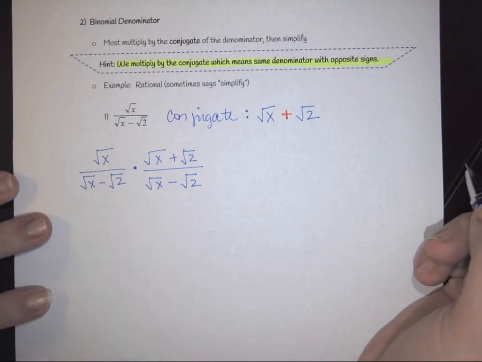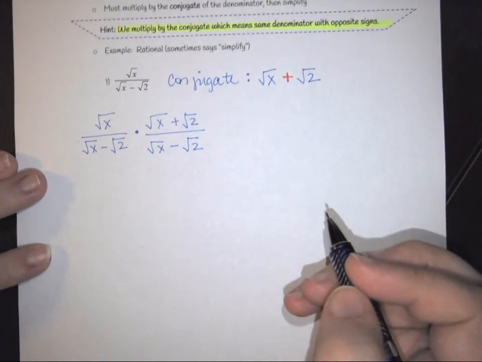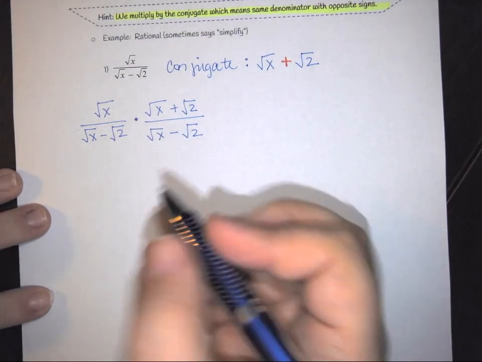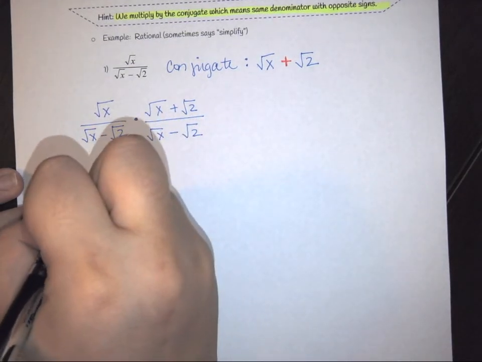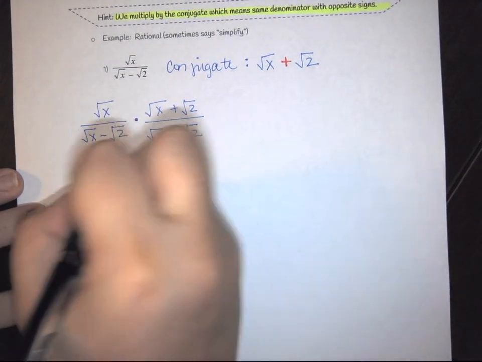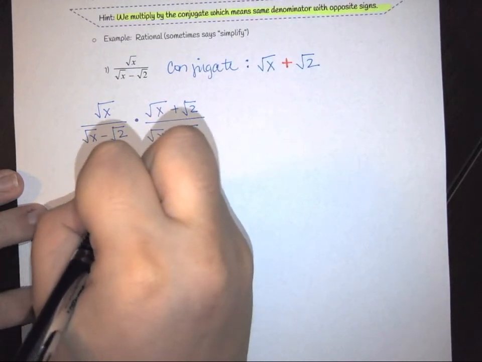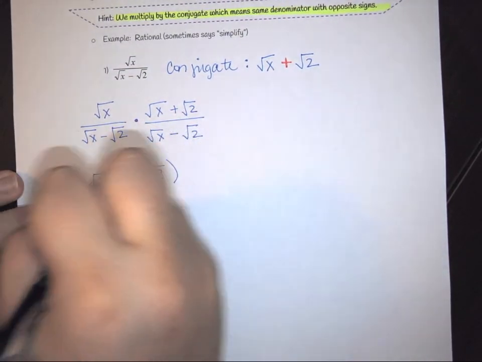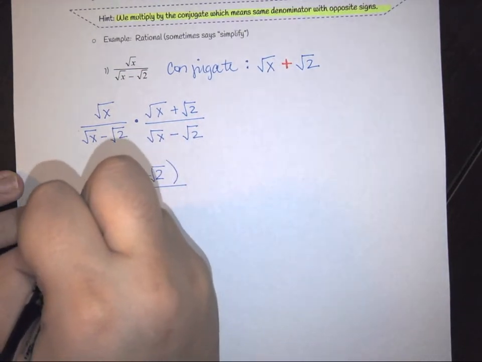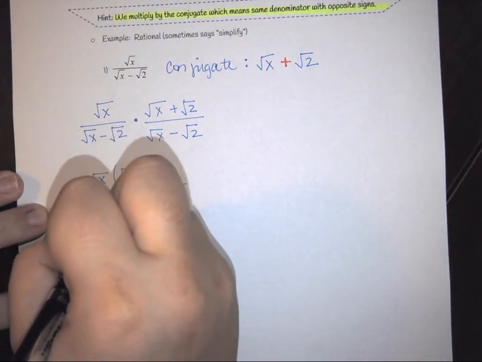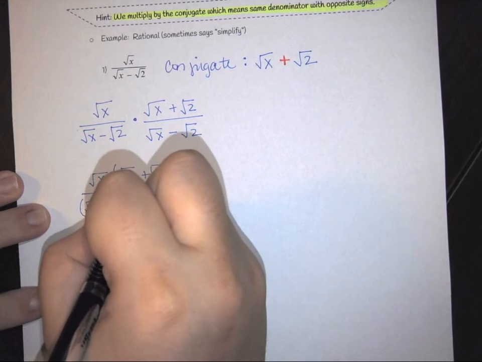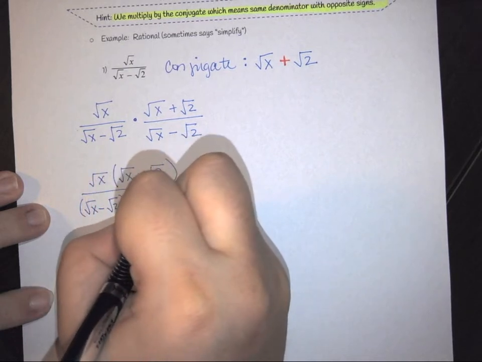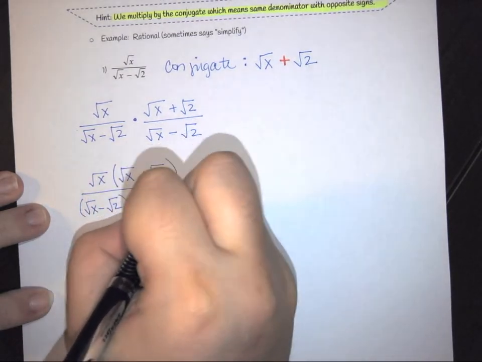Again, your multiplication rules say that we can combine across the top, so this is the same as saying I have the square root of x times the square root of x plus the square root of 2, over the square root of x minus the square root of 2 times the square root of x plus the square root of 2.